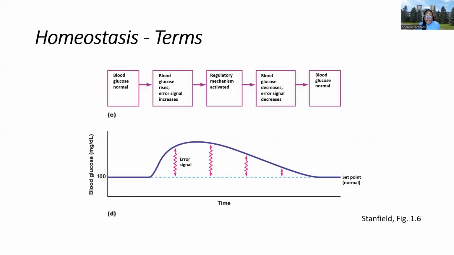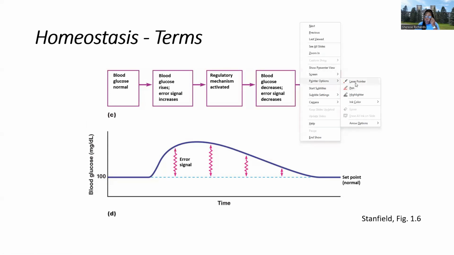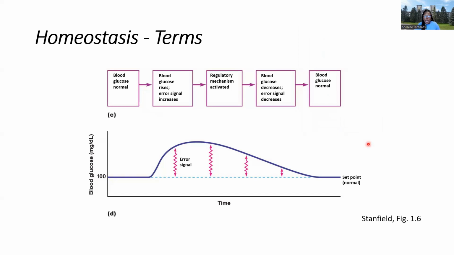Now we can think about this in our actual physiology. So here's another example. This one is closer to our internal physiology, and this is regarding our blood glucose levels. So blood glucose, otherwise known as your blood sugar, should also be maintained within a very small, very tight window.